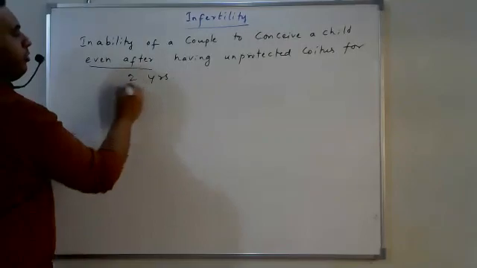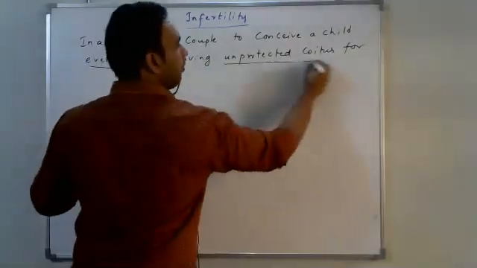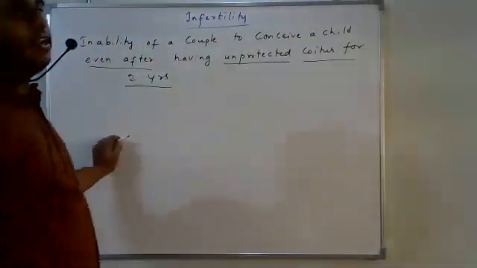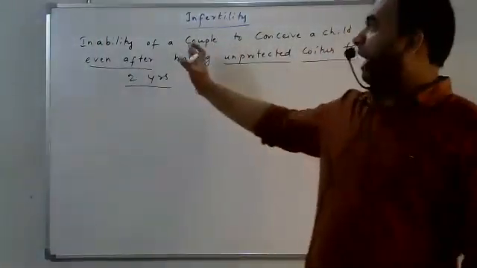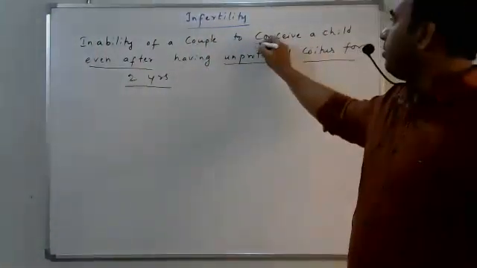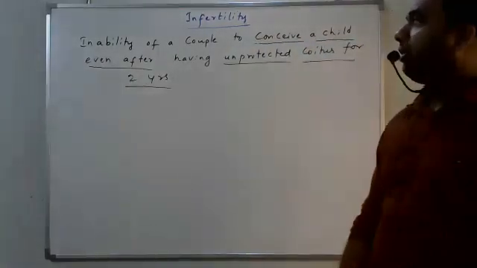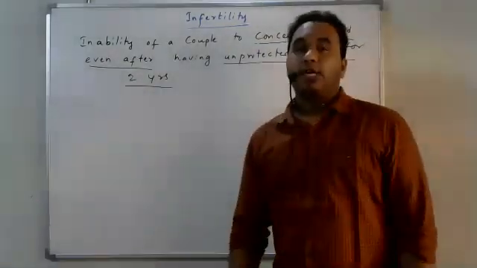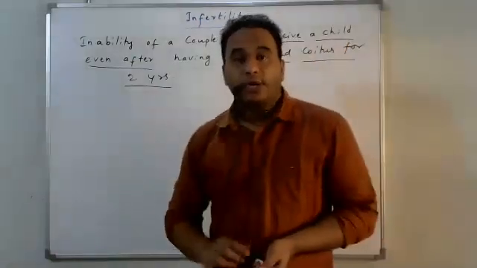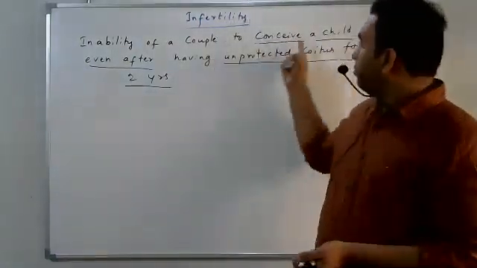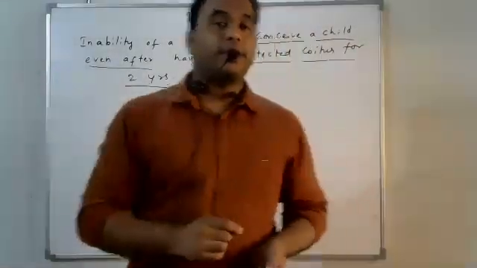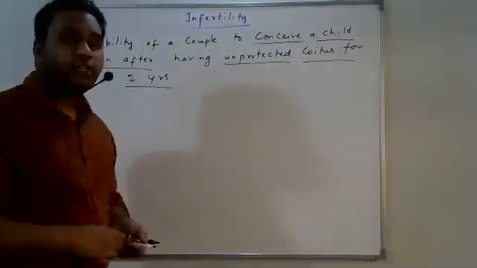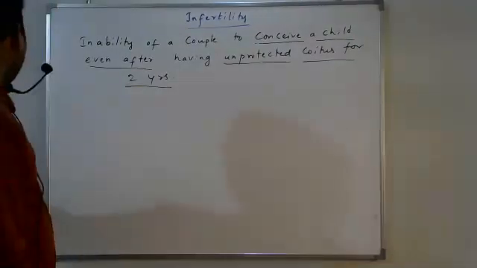Even after 2 years of unprotected coitus, they are still not capable of conceiving a child. So the inability of a couple to conceive a child even after 2 years of unprotected coitus is termed as infertility.